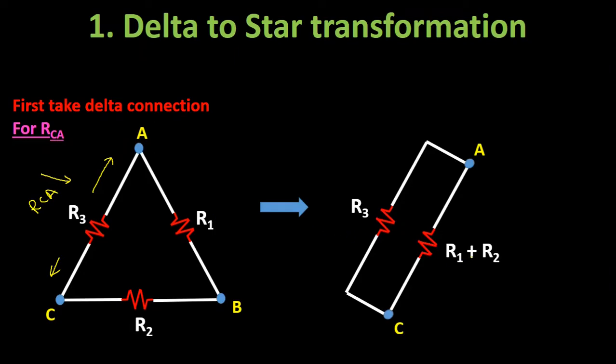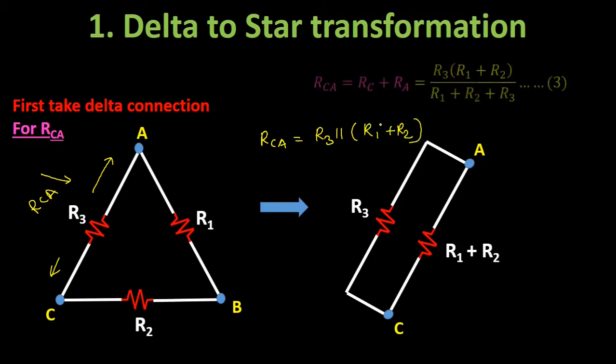Now R3 is in parallel with R1 plus R2 because R1 and R2 are in series when we are seeing from this direction. Okay. So RCA is equal to R3 parallel with R1 plus R2. So when we solve this equation, we get this type of equation. RCA is equal to RC plus RA is equal to R3 into R1 plus R2 whole divided by R1 plus R2 plus R3, which is equation number 3.